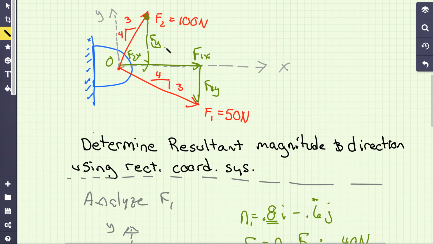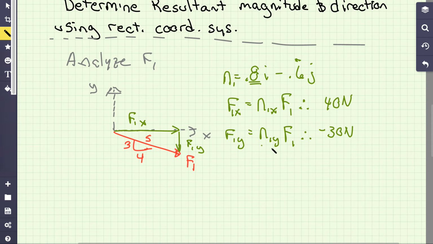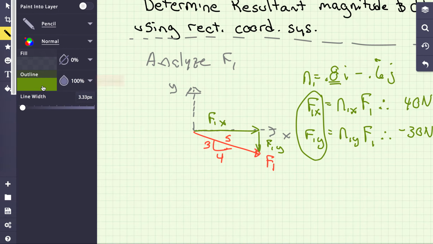So now we've broken F1 into these two components, and we have the values for those. Let's start analyzing just F2 now.